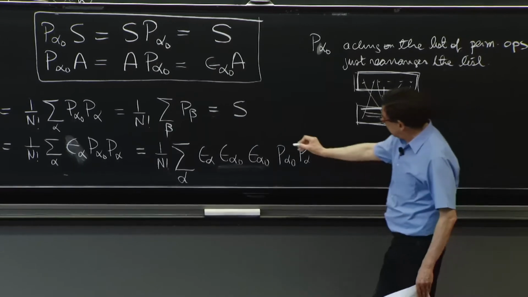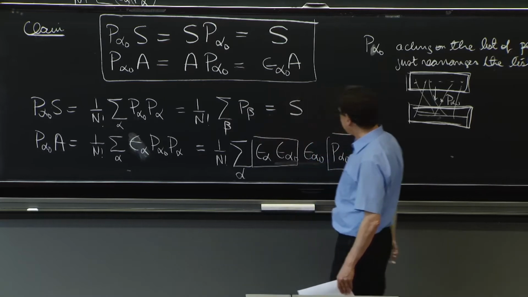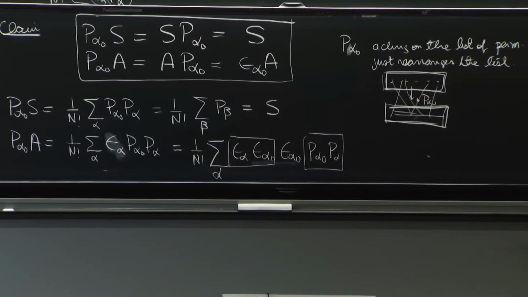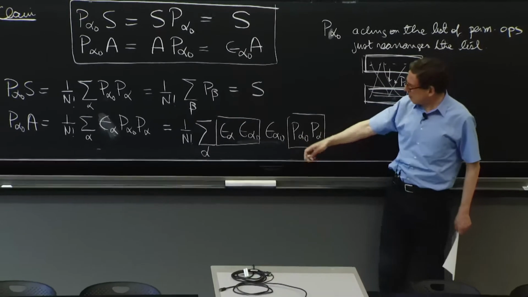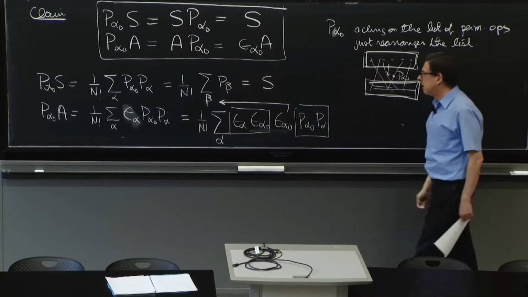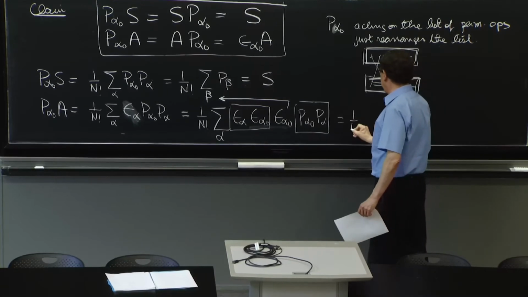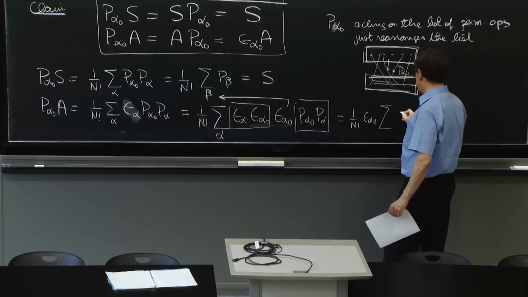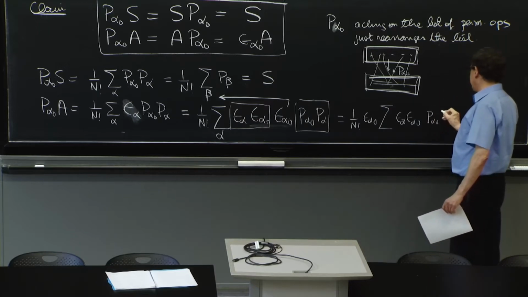Now look at this operator and look at this sign factor. A few things are clear here. This epsilon alpha 0 has nothing to do with a sum. So this epsilon alpha 0 can go out of the sum. And then you have a sum, so 1 over n factorial epsilon alpha 0, the sum of this epsilon alpha 0, P alpha 0, P alpha.